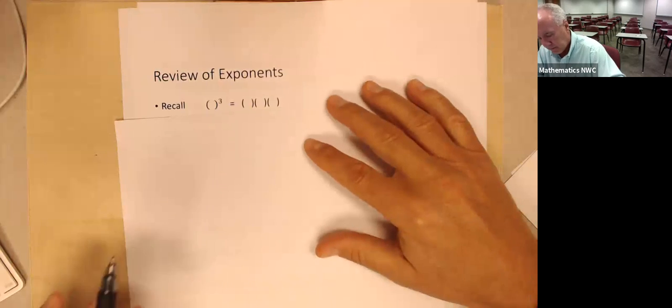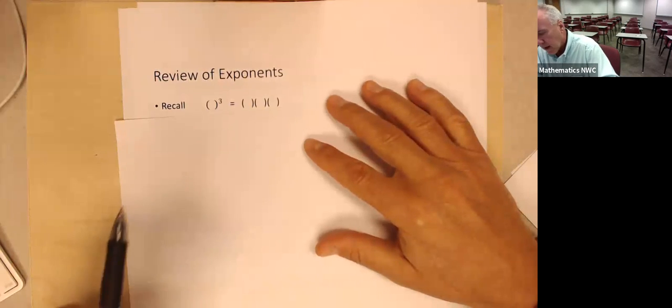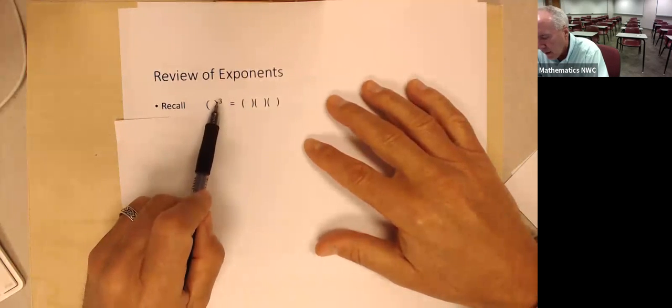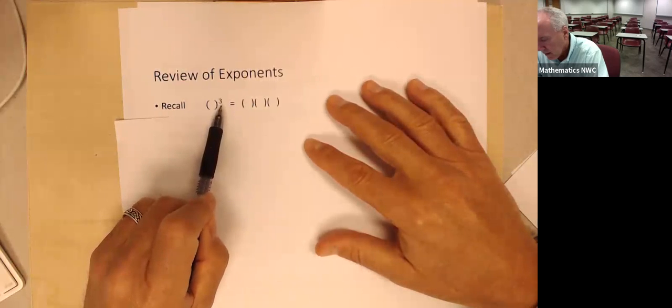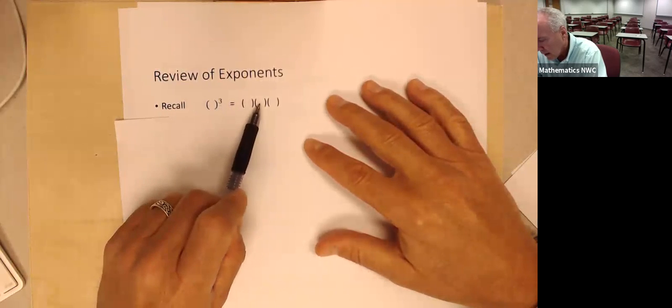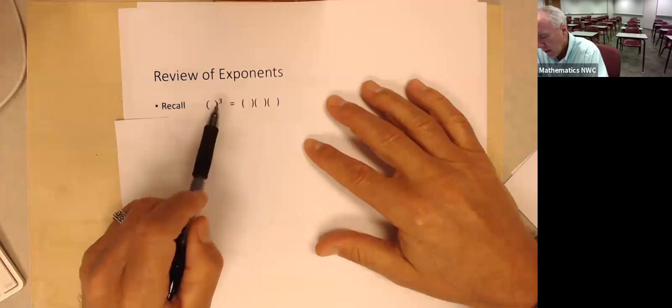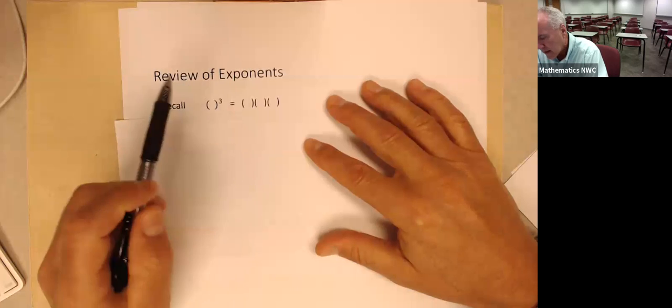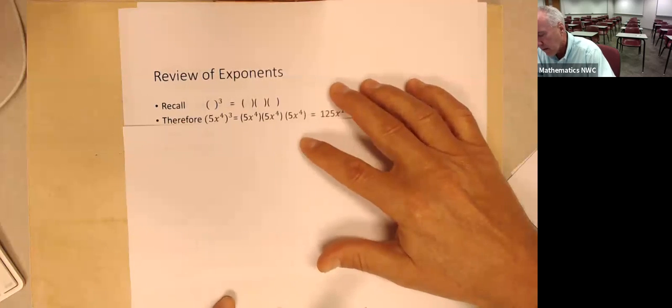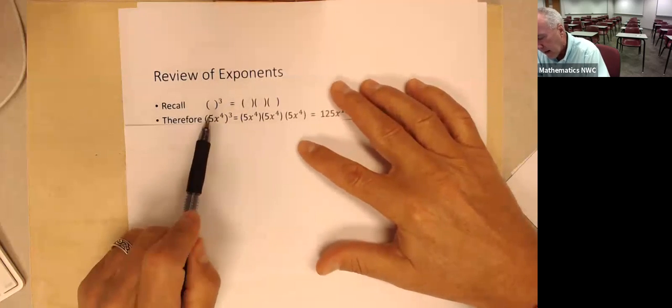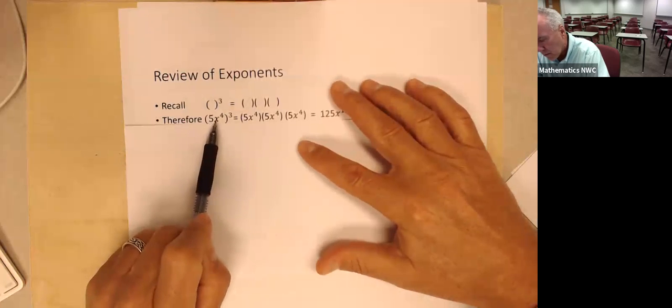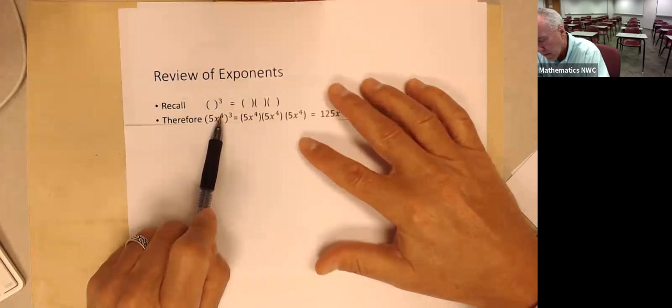Recall again, if I have anything raised to the third power, whatever is in there would be multiplied times itself 3 times, right? Well, we're going to put something in there that's a little more complicated looking. For example, I have a coefficient, a variable, and an exponent.